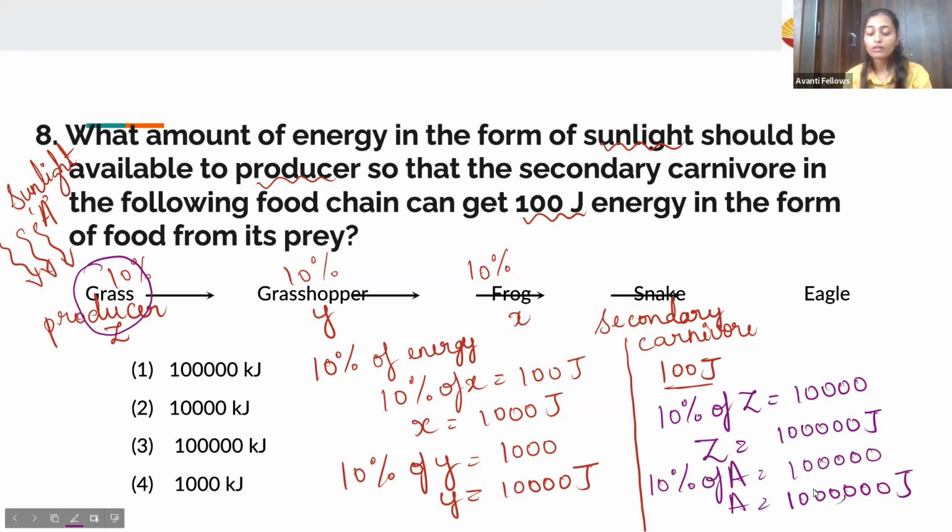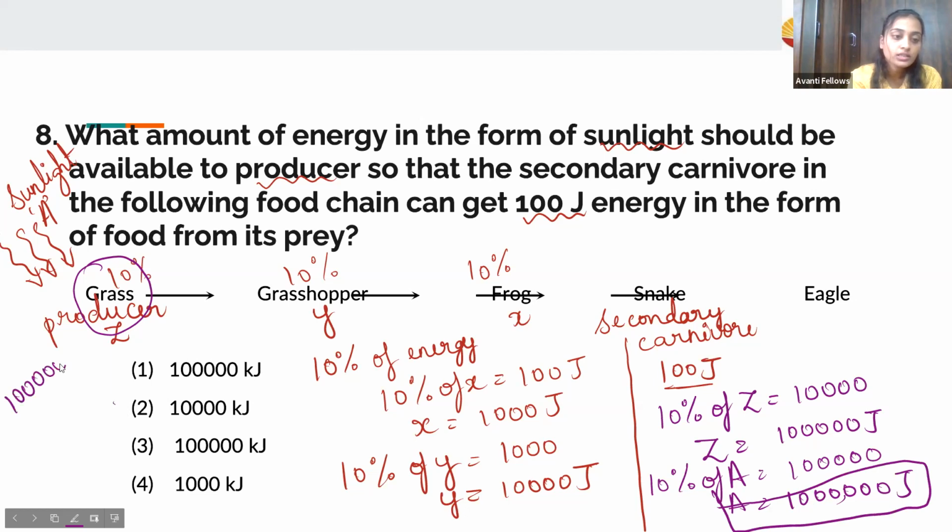If we convert 10 lakh joule into kilojoule, it will be 10,000 kilojoule. So the correct answer is option B, option 2.